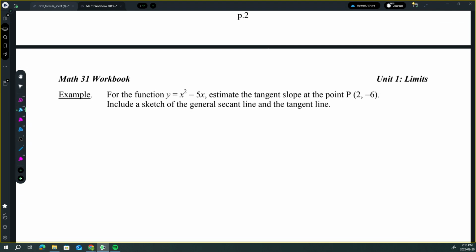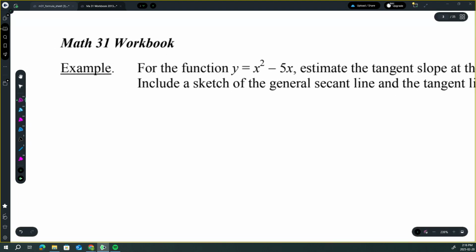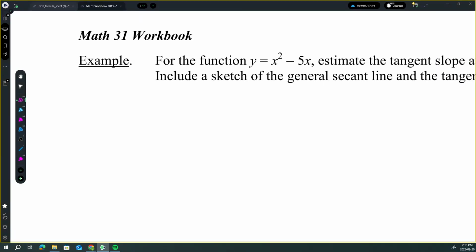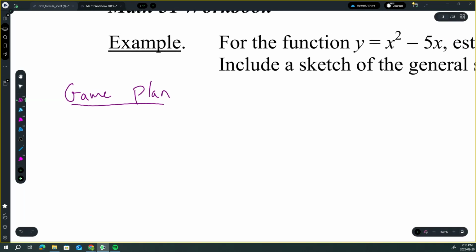Now what I find helpful is writing out a little bit of a game plan to show where we're going to go, and then we'll get to it. So that's what I'll write in this top right-hand corner here. So, game plan. We are going to sketch the function that we're given, y is equal to x squared minus 5x. To make it easier to sketch, we're going to need to factor it so we can figure out where the x-intercepts are.